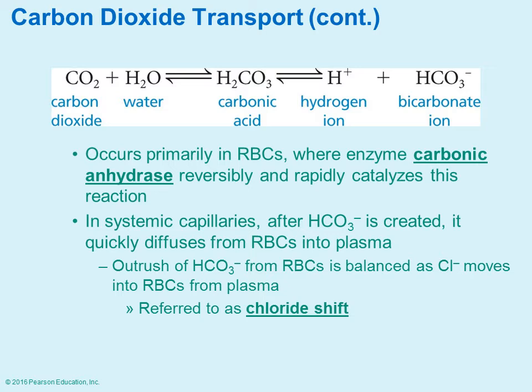Once it has formed carbonic acid, the reaction can continue and release one of those hydrogen ions, and you end up with bicarbonate. This is the way most of the CO2 is transported in the blood.